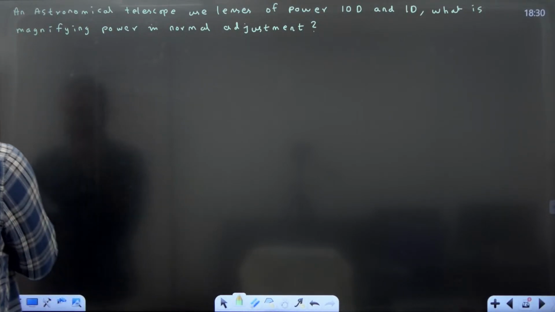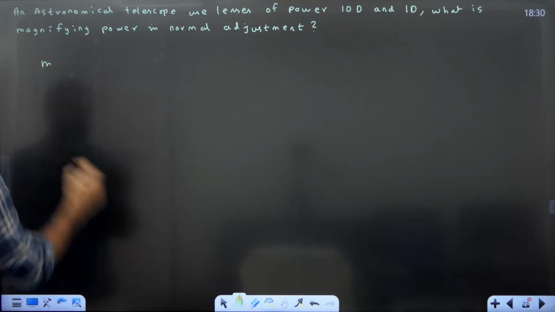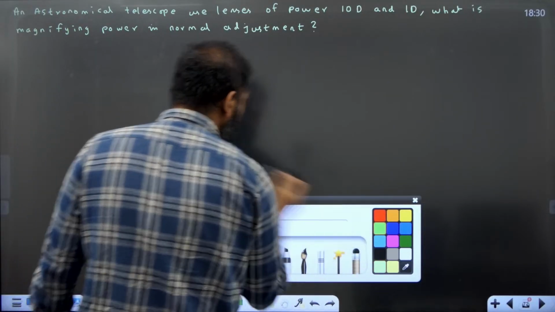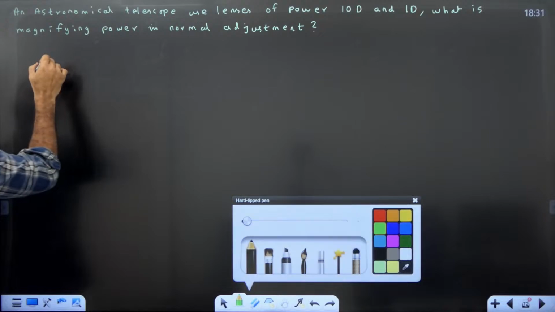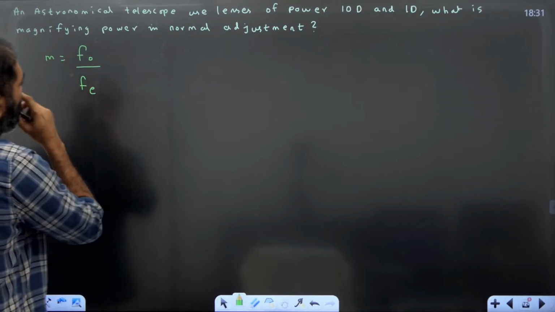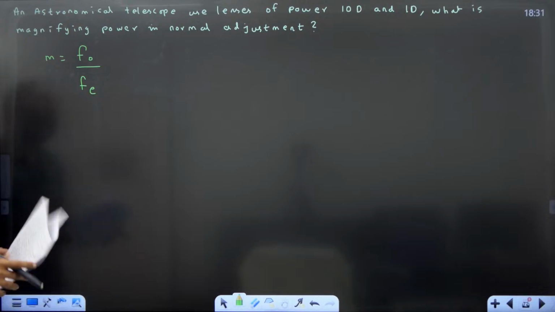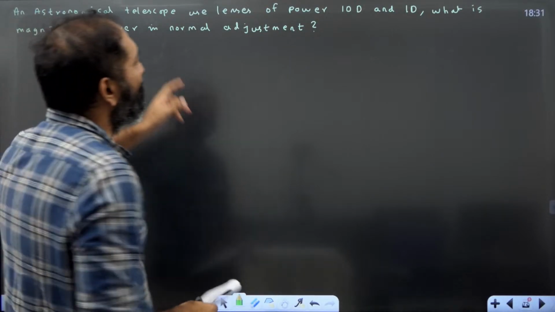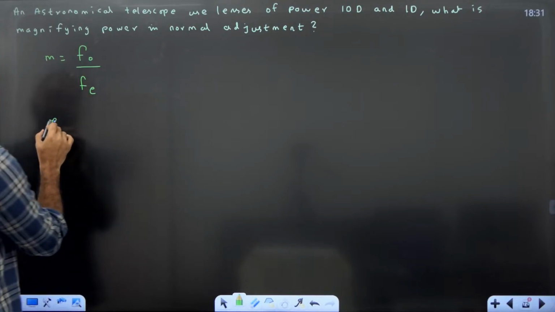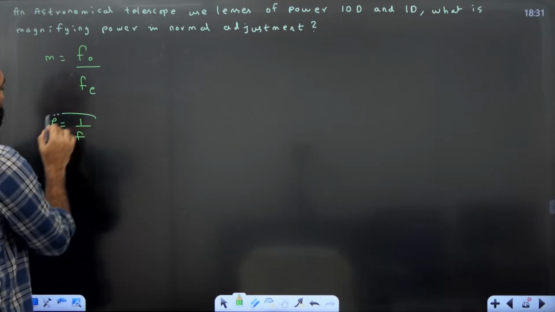Now, we have to find out the magnification of the telescope, and we know the equation for that is M equal to FO by FE. But actually power is given, and we know that power is equal to reciprocal of focal length.